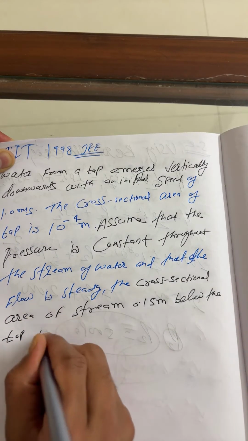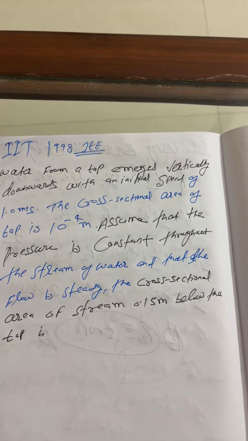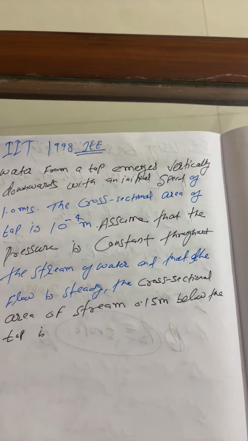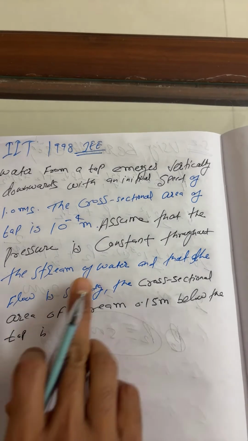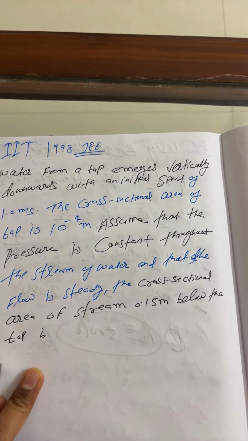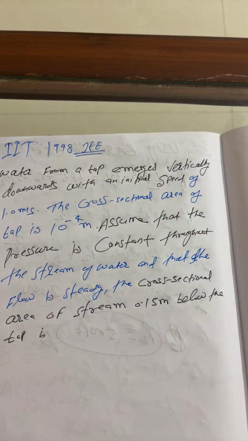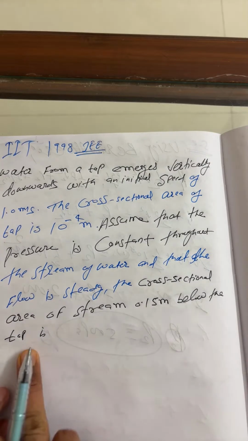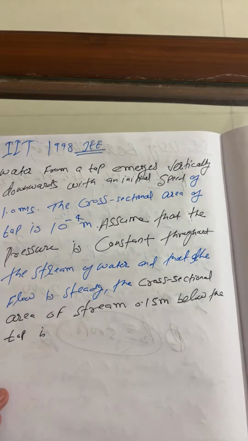Water from a tap emerges vertically downwards with an initial speed of 1.0 meter per second. The cross-sectional area of the tap is this. Assume that pressure is constant throughout this stream of water and that the flow is steady. The cross-sectional area of the stream is 1.15 meter below the tap edge.